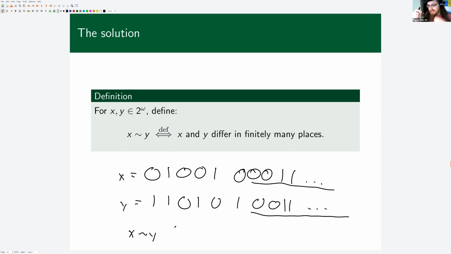Why is that? Because x and z differ in only the places where x and y differ, plus the places where y and z differ, or maybe fewer. Okay, so it's reflexive, symmetric, transitive. It's an equivalence relation.